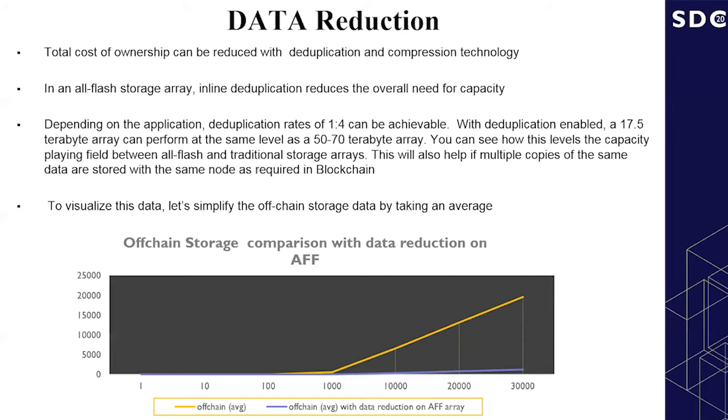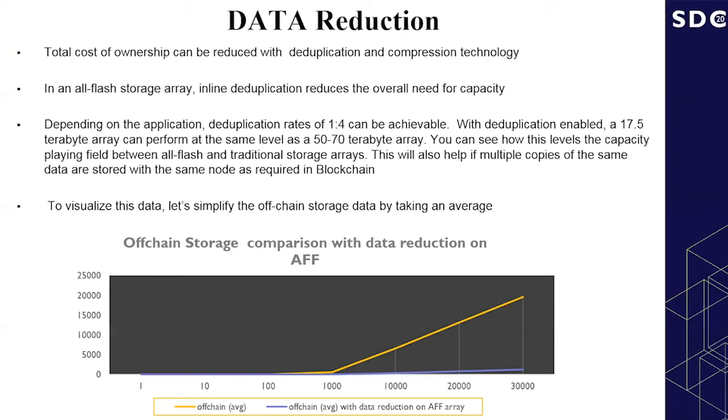For each transaction, if we are modifying the off-chain data structured format, which we talked about in the previous slide, which is already stored in your storage arrays, then with every transaction, whenever we modify this data, we are creating a new copy in the same storage arrays. So this data duplicity problem can be solved by using an array with data reduction capability.